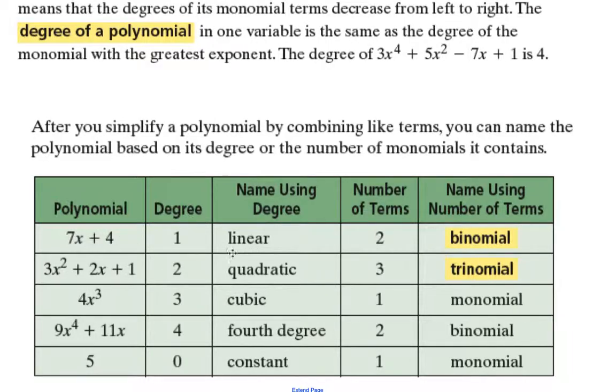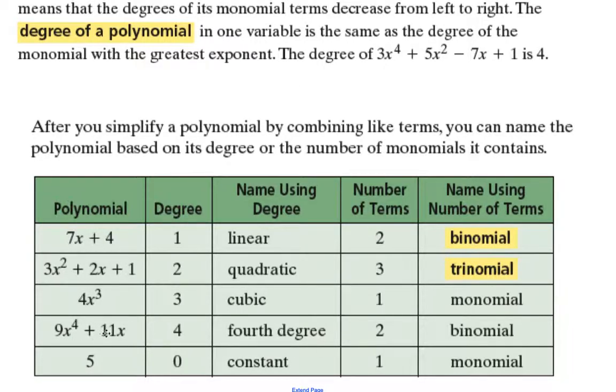That's linear because it's degree 1. 2 terms, so it's a binomial. This one, its degree is 2, which is quadratic. And there's 1, 2, 3 terms. That's a trinomial. This degree is 3, which is also known as cubic. There is 1 term, so it's a monomial.